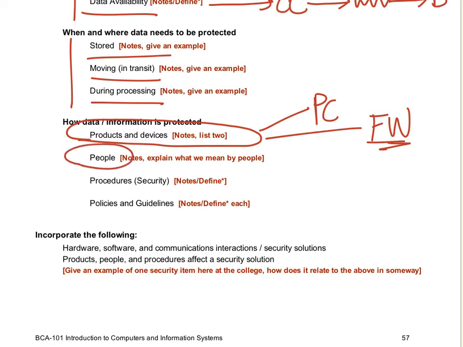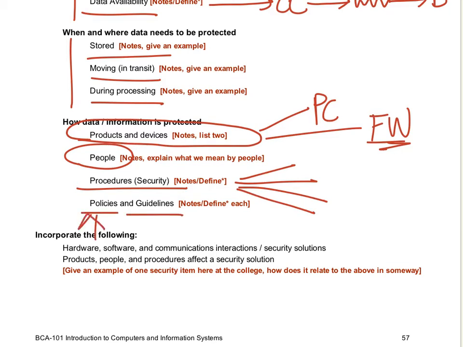People make all this happen. Those people need to have procedures. We need to have some type of procedure, how to manage the security of the data, and then there's a policy or a guideline we need to follow. All of us should have clicked on policies, like in order to use Facebook, you agreed to their security policy, right? And if you're using Twitter, you've agreed to their security policies, whatever they might be.